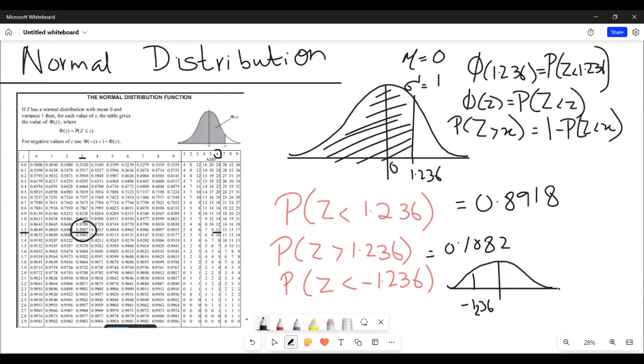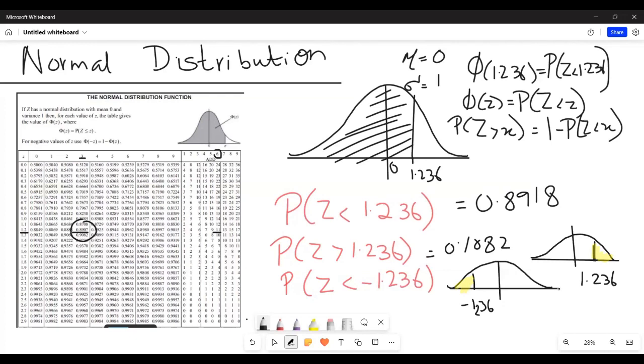Okay, so negative 1.236 would be somewhere over here. This is the probability that you have to find. Cannot use the table for negative value. Instead, what we'll do, we will reflect it and find this area instead. Normal distribution is a very symmetrical curve.